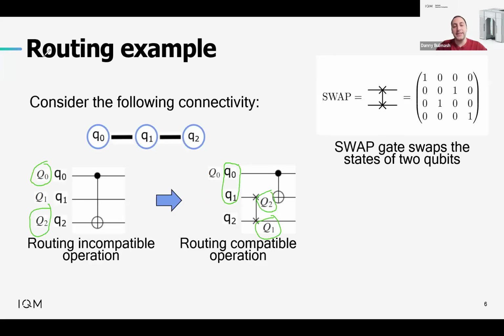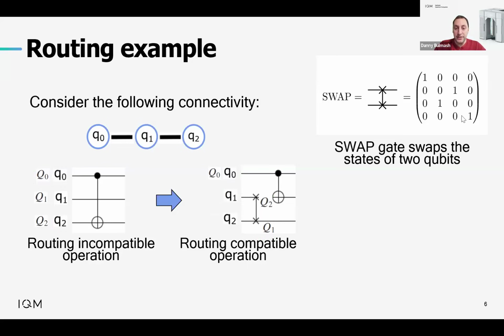So these swap gates are essentially changing the labels that we associate to the physical qubits in the program. We started with physical qubit 1 being the program's qubit 1, and the swap gate made it so that now the physical qubit 1 is the program's qubit 2.